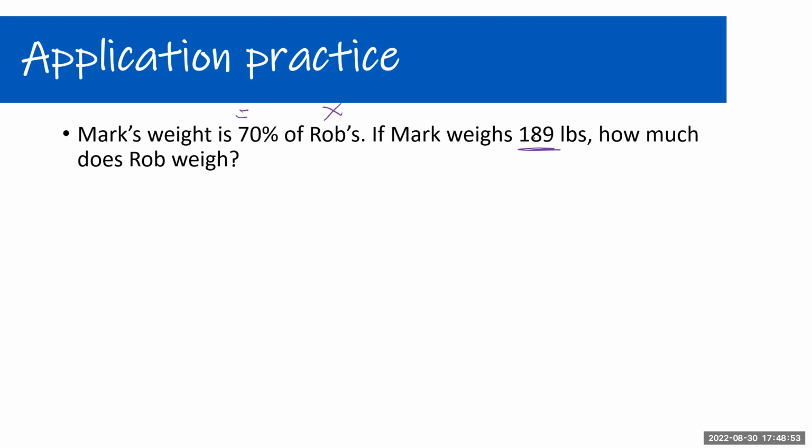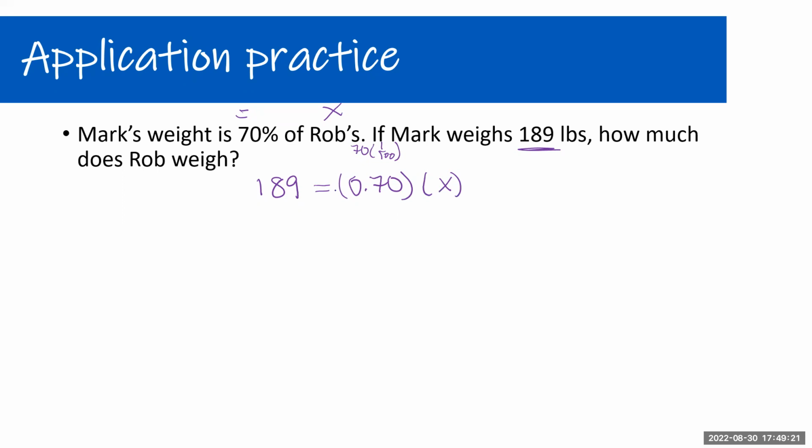Well, we know then that 189 equals 70%, so 0.70, which is that 70 times 1 over 100, times Rob's weight. Let's let that be X, okay? X is what we're looking for here.